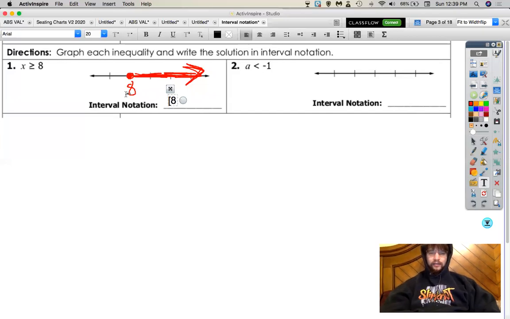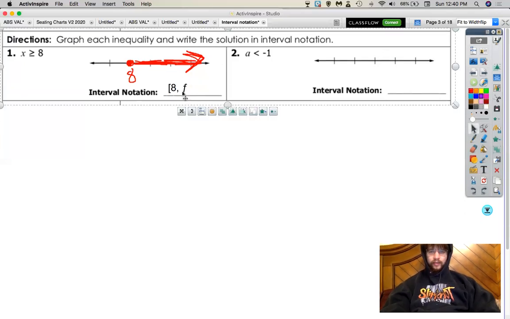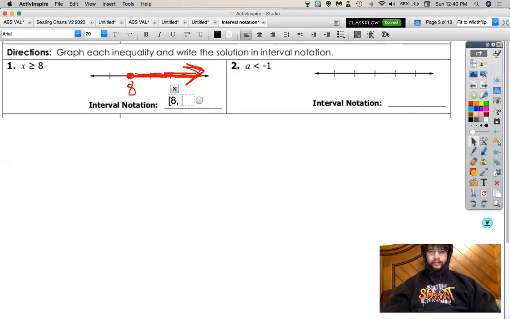So I'm going to put the 8. And then I'm going to put a comma to separate. It goes on until, well, what does it stop at? It doesn't, so that's an infinity symbol. It goes on forever. Oops, didn't hit the infinity symbol apparently. 1 second, my bad. There we go, infinity.